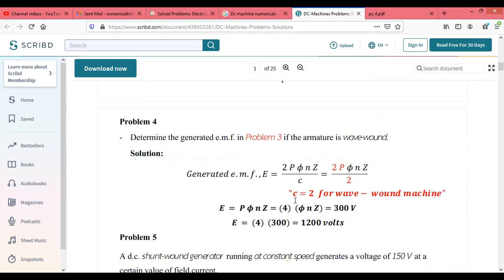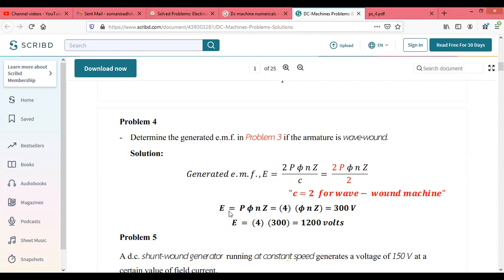And if we are supposed to solve the third equation the same, only the armature is wave wound, at that time you can take C equal to directly 2. There is no need to take C equal to 2 into P. You are supposed to note this point, because if they are giving armature is wave wound, you can take C equal to 2. And if the armature is lap wound, you can take C equal to 2P.